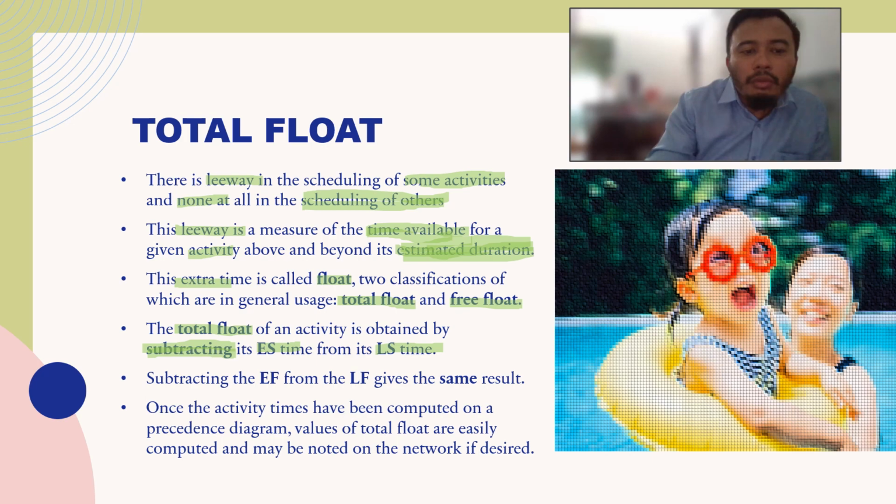Also, you can get the total float by subtracting the earliest finish from the latest finish. Once the activity times have been computed on the precedence diagram, values of total float are easily computed and may be noted on the network if desired. You can highlight it in your precedence diagram.